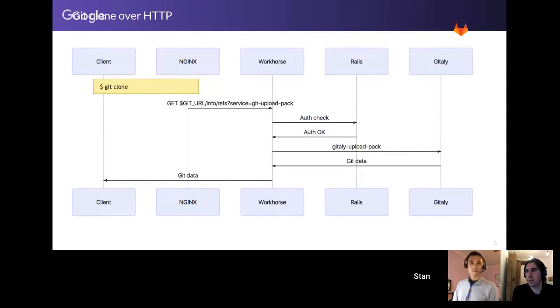It's basically an RPC system that takes any Git request and talks to our file servers. Workhorse says, send me this data by executing this command called gitaly-upload-pack. At that point, Git data is exchanged with Gitaly, and it gets forwarded from Gitaly to Workhorse and back to the user. So this is essentially how Git data gets from the user to GitLab and back.